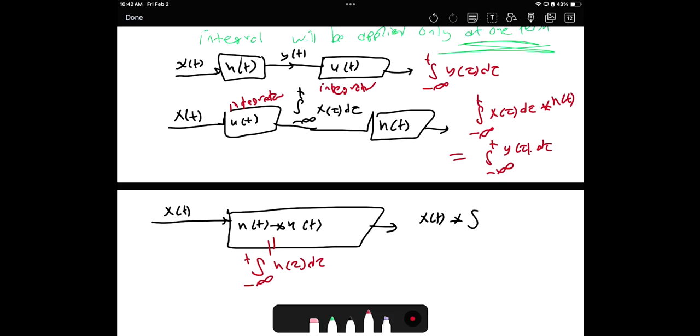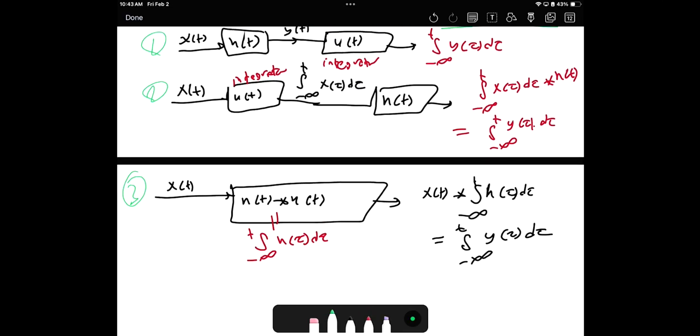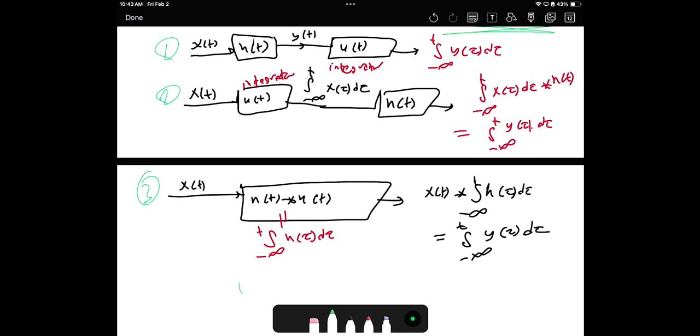Then here we will add it as the integral from negative infinity to t of h of tau d tau, which is the same as the integral from negative infinity to t of y of tau d tau. So we realize that number 1, 2, 3 are all equivalent to each other.